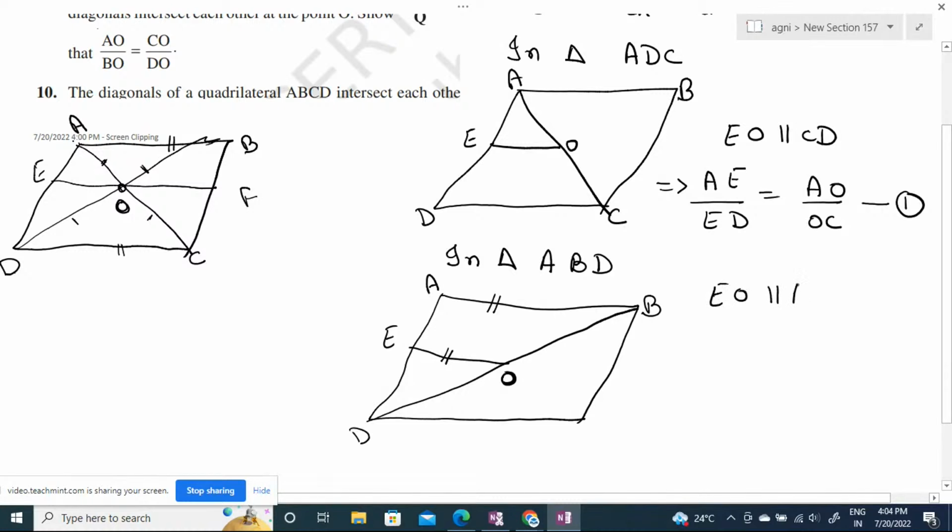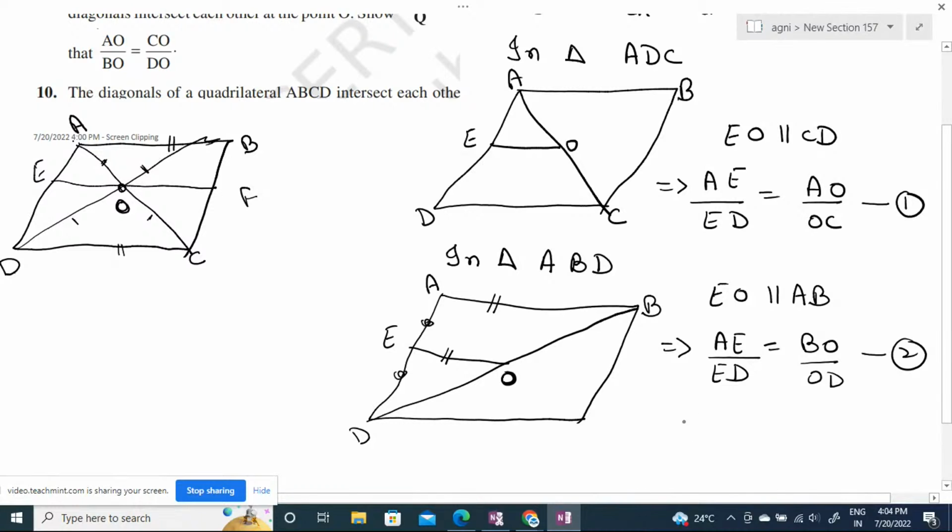Then from here we get AE upon ED, that means this upon this, similarly BO upon OD. Equation number 2.